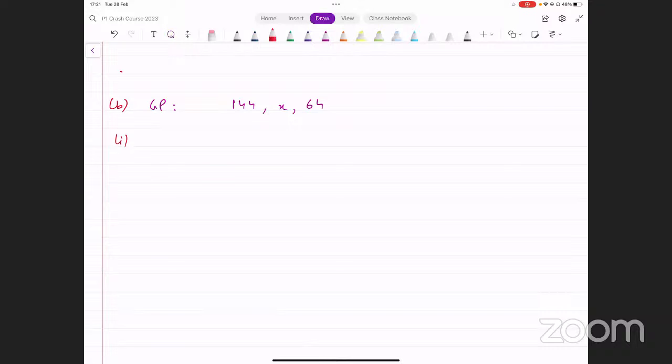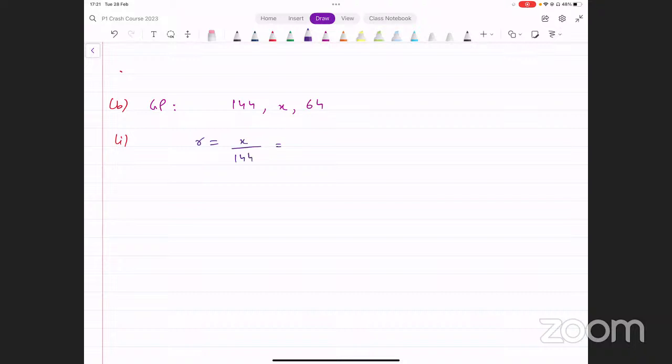Now, how do you find the value of x in this? Remember, it's a geometric progression, so that means the ratio is going to be constant throughout. That means we could find the ratio by dividing the second term by the first term. That would be x over 144.